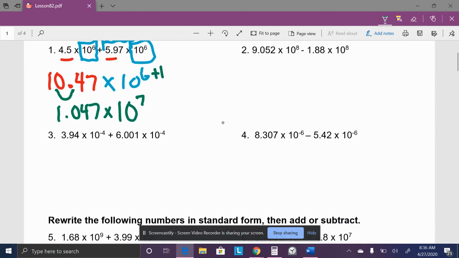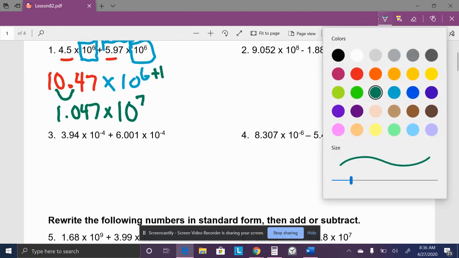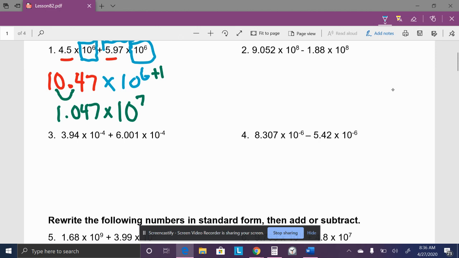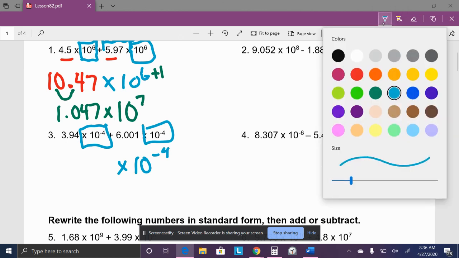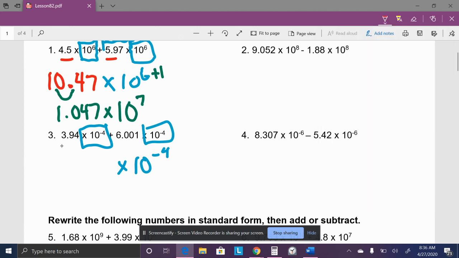Let's look at the next one, number 3. Take a look, our powers of 10 are the same. So our answer is going to have times 10 to the -4th, or at least the next step of it is. And we're going to add the numbers out in front, 3.94 and 6.001.